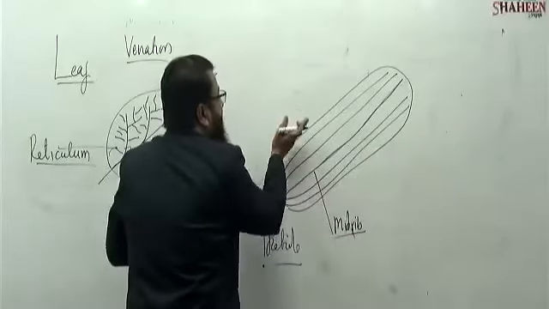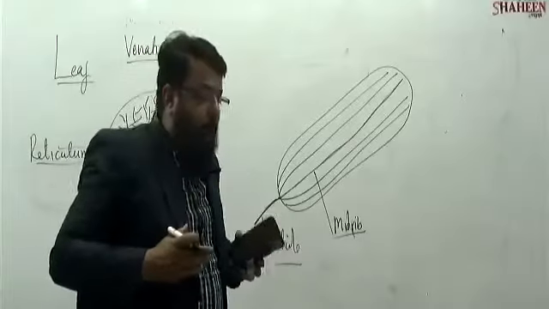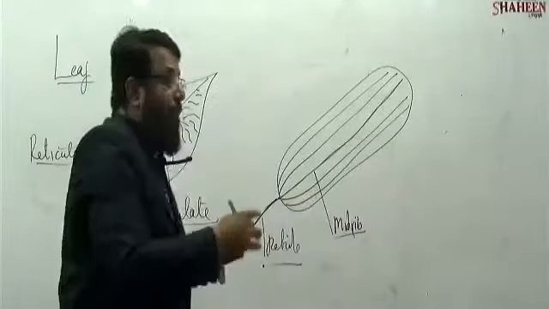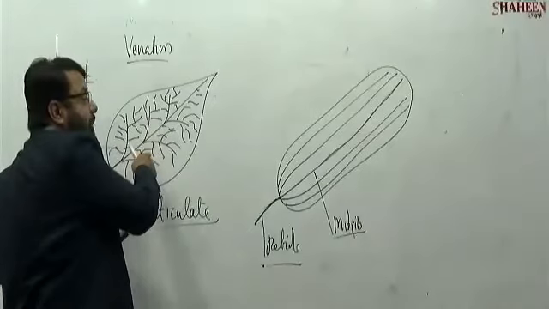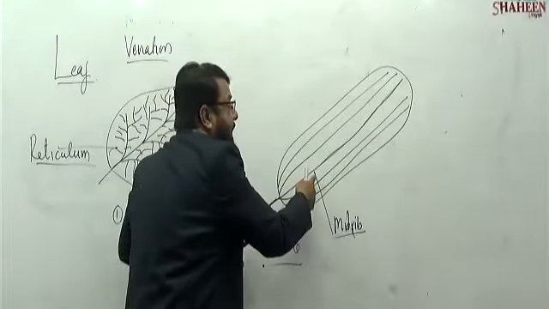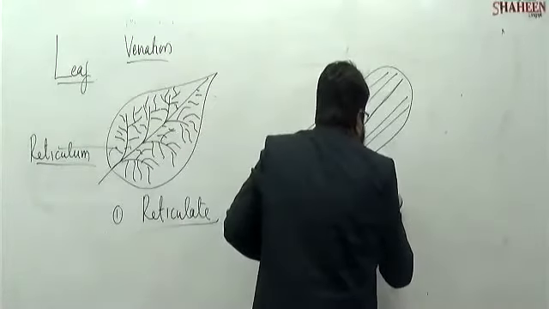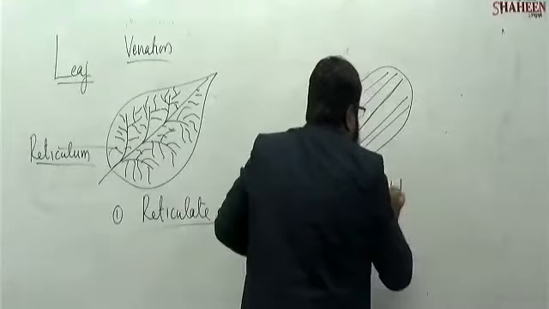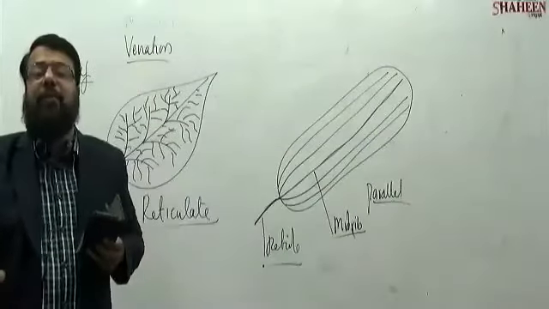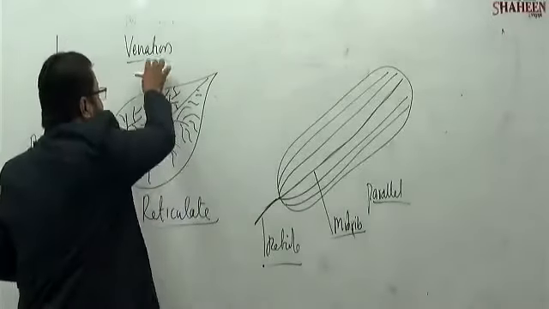In reticulate arrangement, veins and veinlets form a reticulum, but here veins and veinlets are arranged parallelly. This type of arrangement is called parallel arrangement or parallel venation.